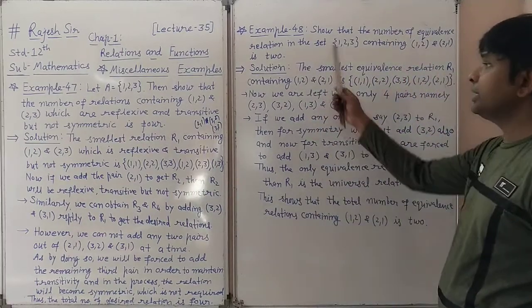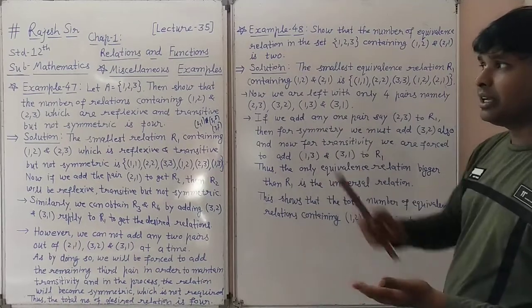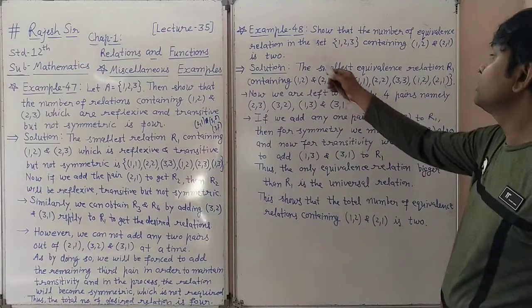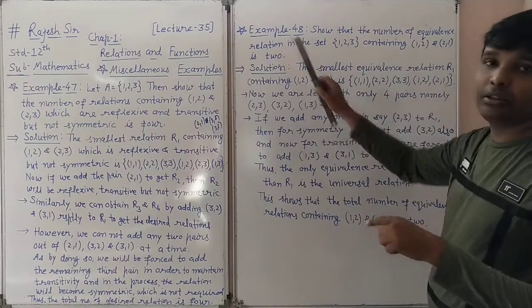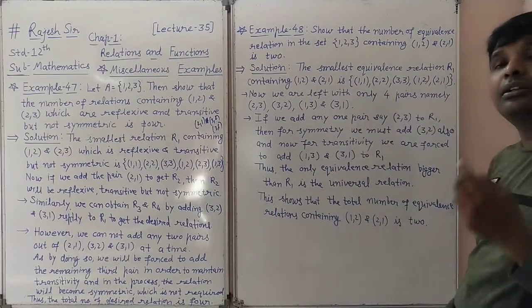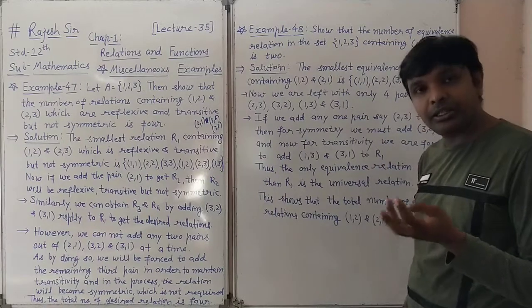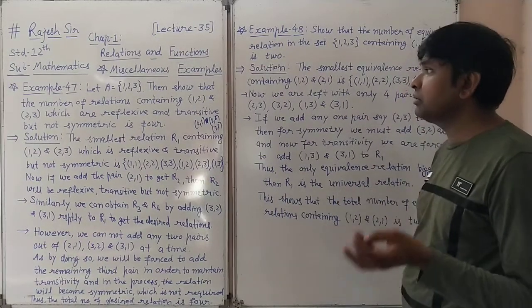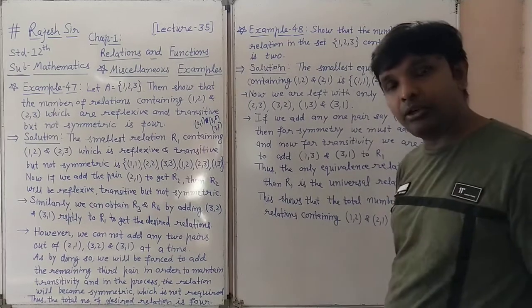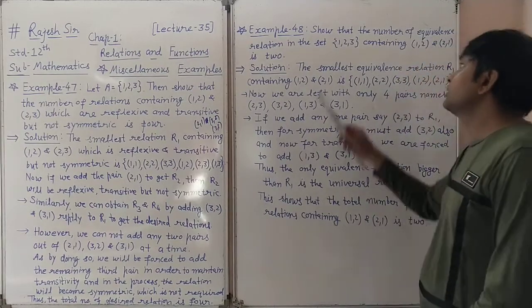Now example 48 also, the conditions are the same, the question is different. Show that the number of equivalence relations. Equivalence relation means it should be reflexive, transitive, as well as symmetric. All the 3 must hold.